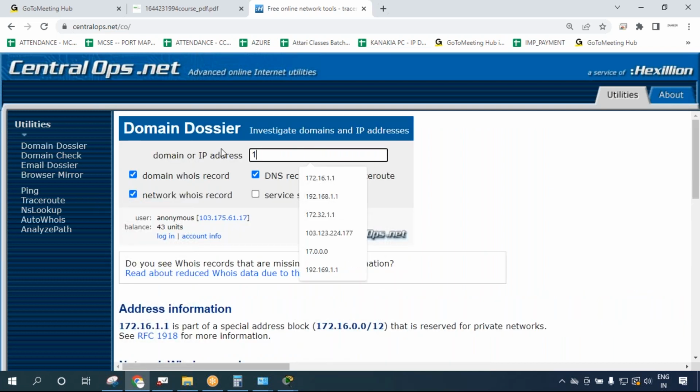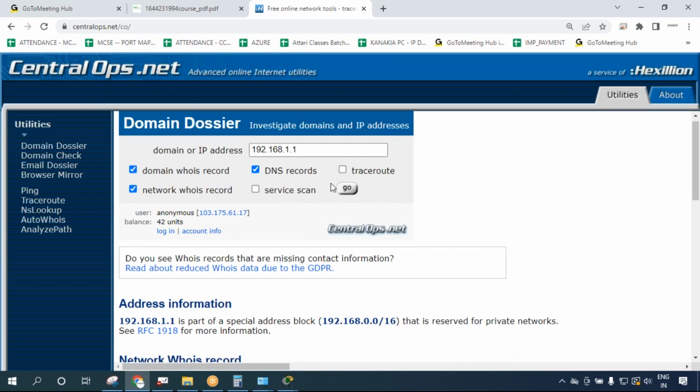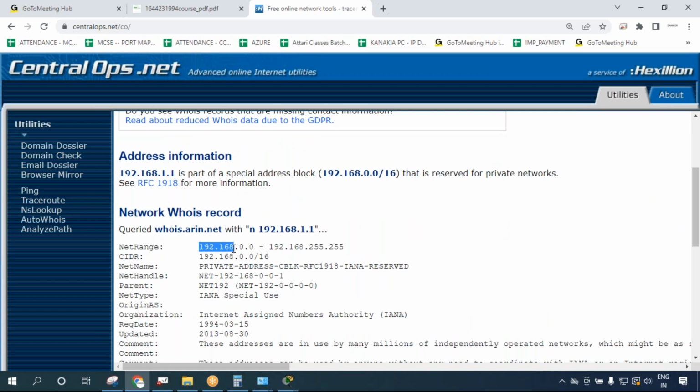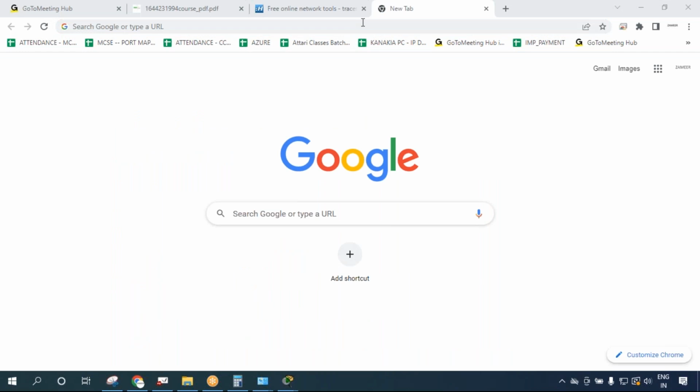If I ask IANA who has taken 192.168.1.1, IANA will say the 192 IP address starting from 192.168 is all private IP. Anyone can use it. Now if I go and check my public IP address, I will type in Google what is my IP address.